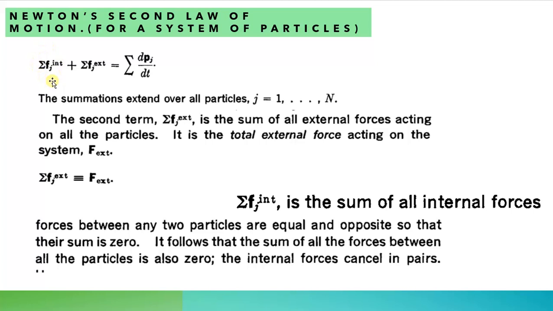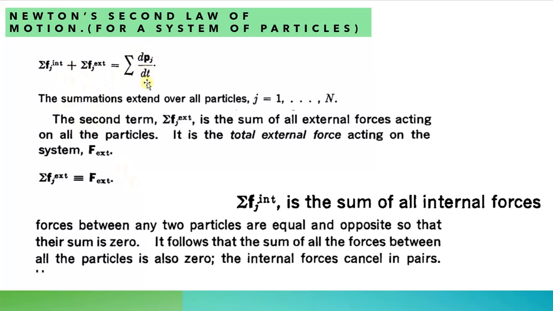We know that when two particles interact with each other, the force exerted by the first particle on the second particle is equal to the force the second particle exerts on the first particle, but in the opposite direction. So if you take the summation, all these pairs of forces will cancel out. That is, sigma F internal, the sum of all the internal forces, will be equal to 0.